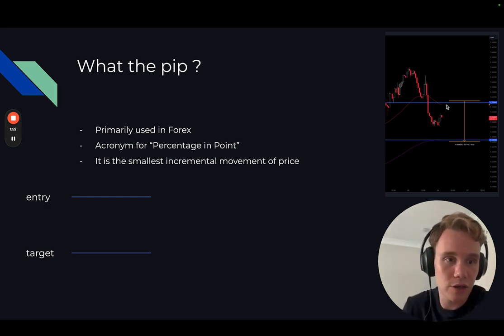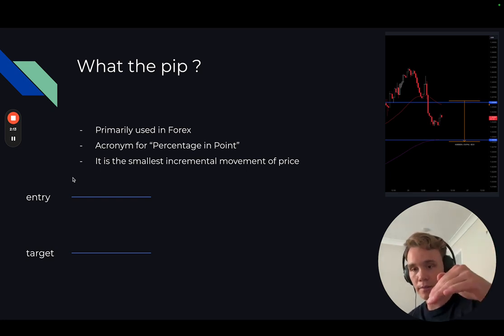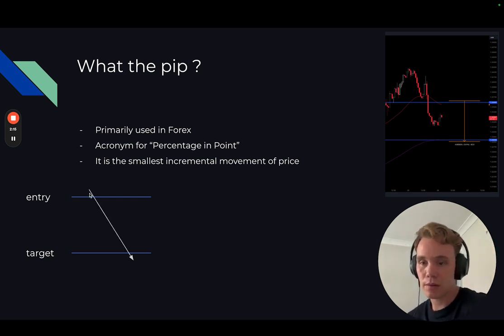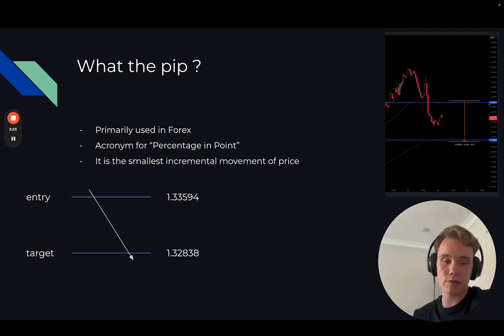On the top right here, you've got GBP USD, which I'm looking to trade today at some point if it does shape up. We're going to use these figures that I'm looking at in the market to highlight this example. We're looking to short the market, so making money on its decline. We have an entry and target. The entry is at 1 spot 33,594 and the downside target at 1 spot 32,838, and I've highlighted the pip value.